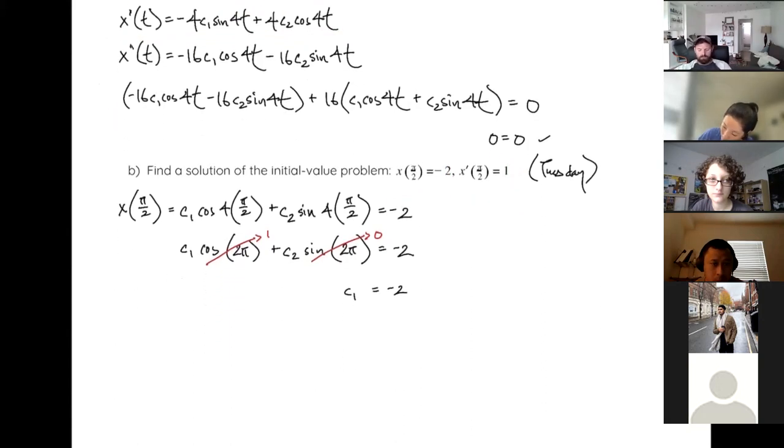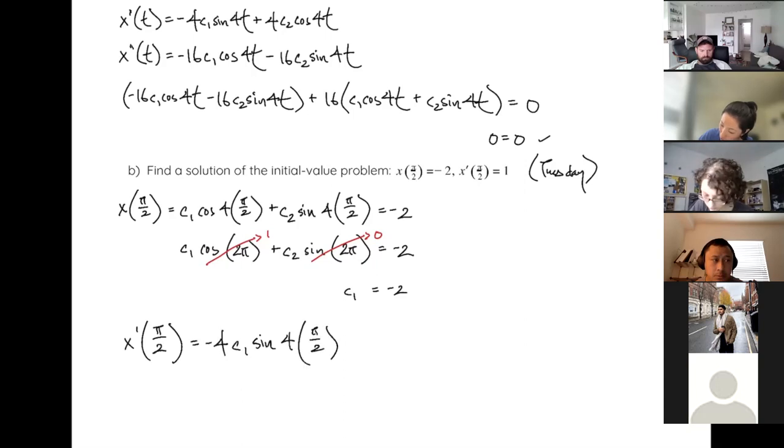So I'm going to grab that other equation, x prime of pi over 2. And everywhere I see a t, I'm going to plug in pi over 2. So -4 C1 sine of 4 times pi over 2 plus 4 C2 cosine of 4 times pi over 2.